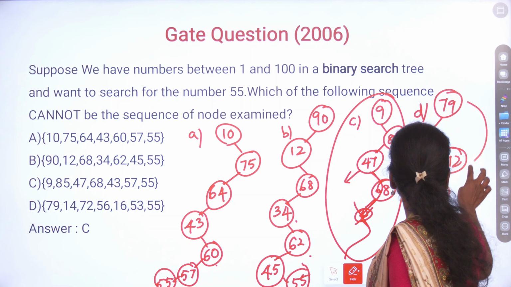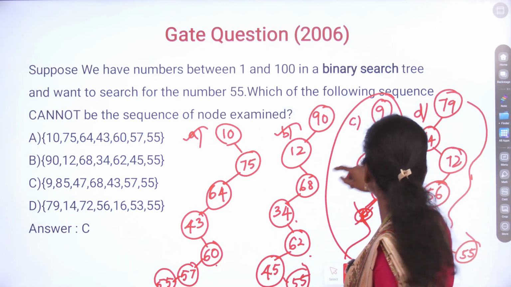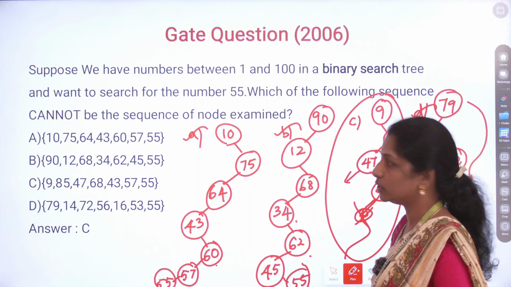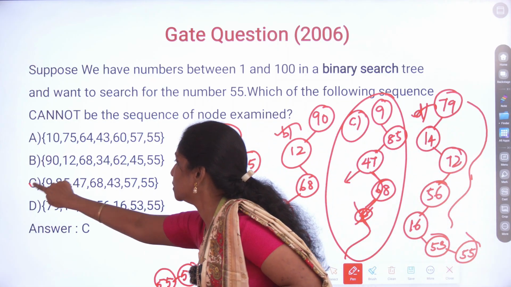So the D option also follows a sequence, B is also following a sequence, A is also following a sequence. The one which is not following the sequence is C. So option C is the answer for this.